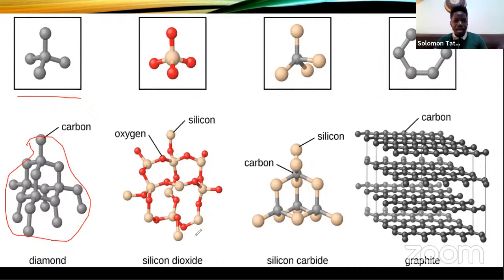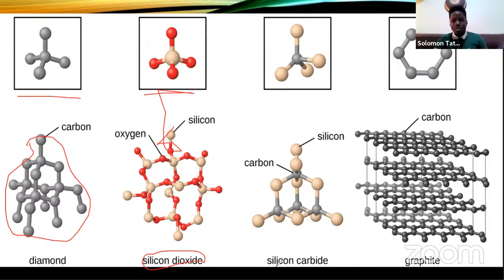Another giant molecular structure we see is silicon dioxide. As you can see here in silicon dioxide, this is the individual molecule. This individual molecule is connected to form this type of giant molecular structure. That's what it means.